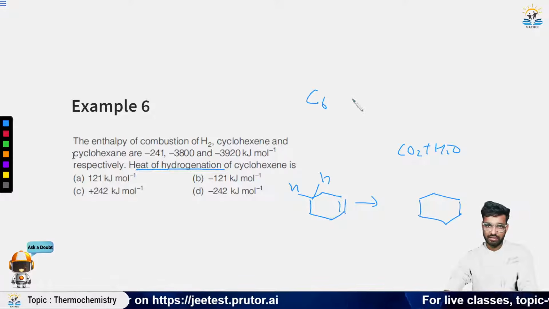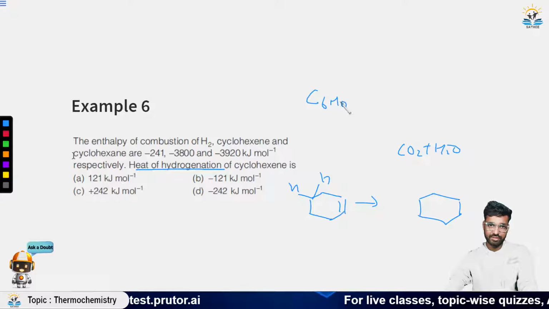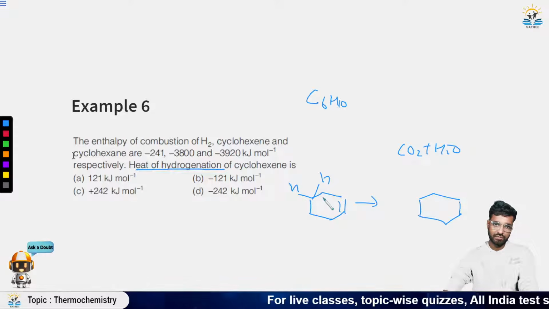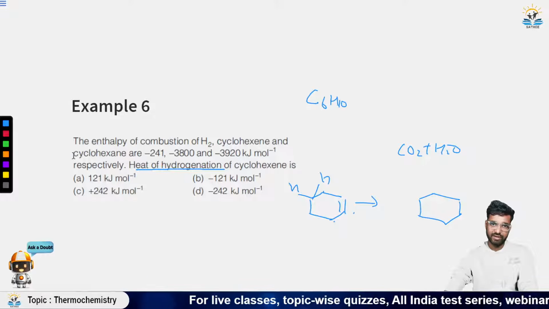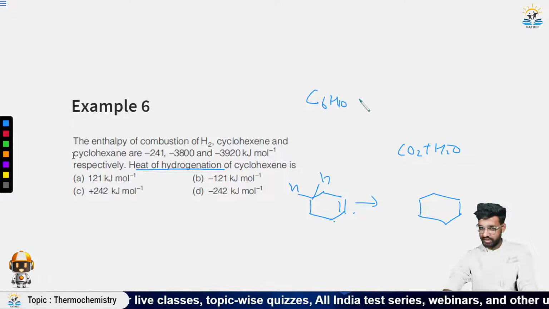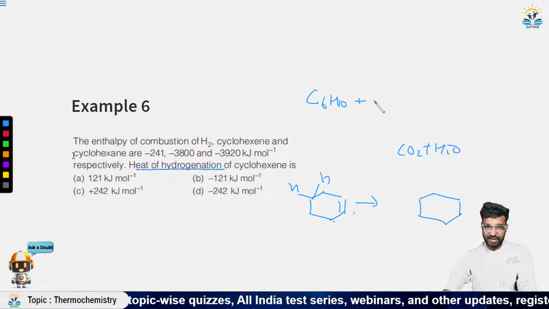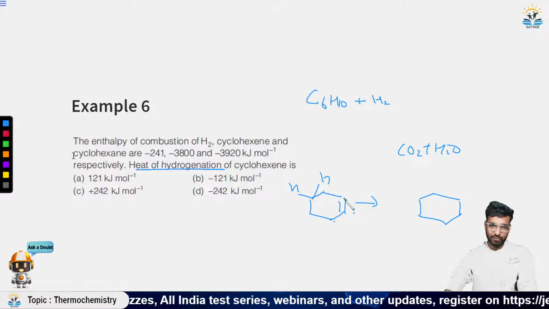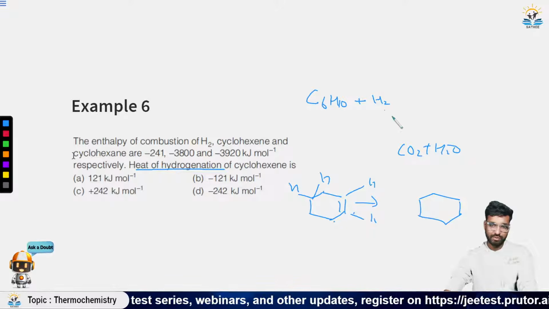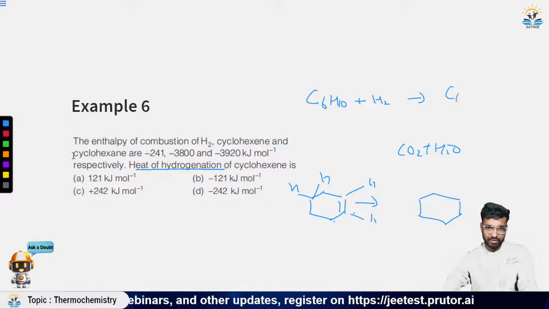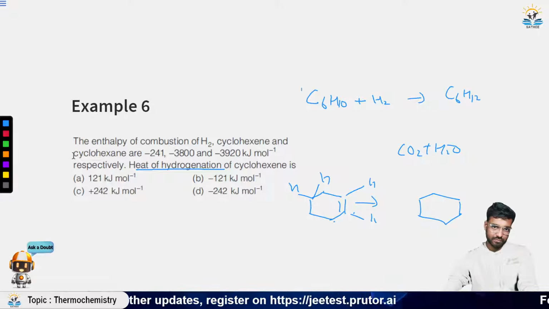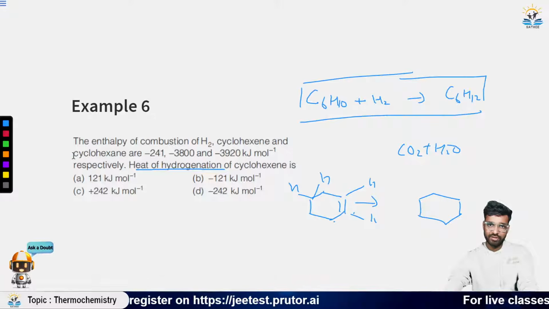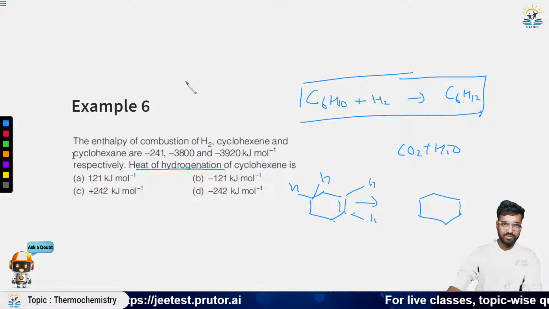C6H12 is for this cyclohexane, so cyclohexene will be C6H10, that is 1, 2, 3, 4, 5, 6, 7, 8, 9 and 10. So we have C6H10, and we are adding hydrogen to it. How many hydrogens do we need? 2 hydrogens simply to get our C6H12. So this is the final equation you have to get, and out of this, these equations are given.